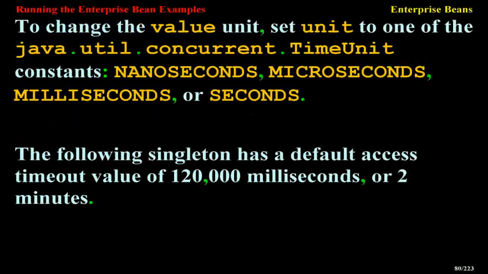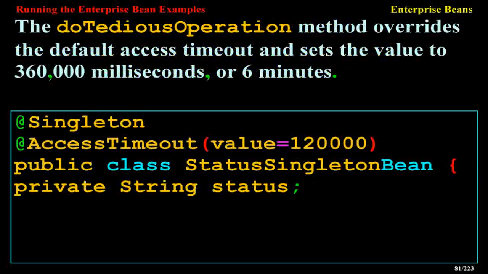To change the value unit, set unit to one of the java.util.concurrent.TimeUnit constants: NANOSECONDS, MICROSECONDS, MILLISECONDS, or SECONDS. The following singleton has a default access timeout value of 120,000 milliseconds, or 2 minutes. The doTediousOperation method overrides the default access timeout and sets the value to 360,000 milliseconds, or 6 minutes.